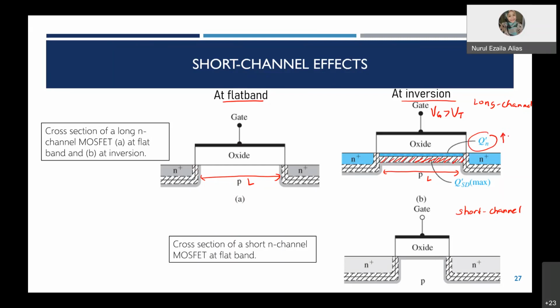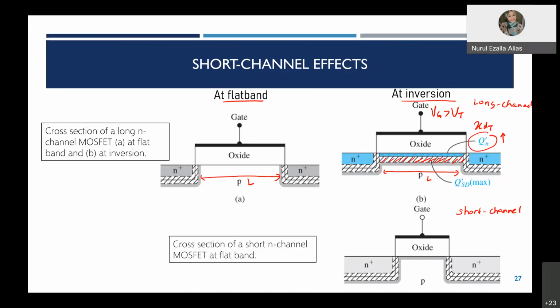The number of charges also increases as XDT increases. So inside the XDT, the space charge region, there will be a charge. This is the electron charge, for example, for this N channel.